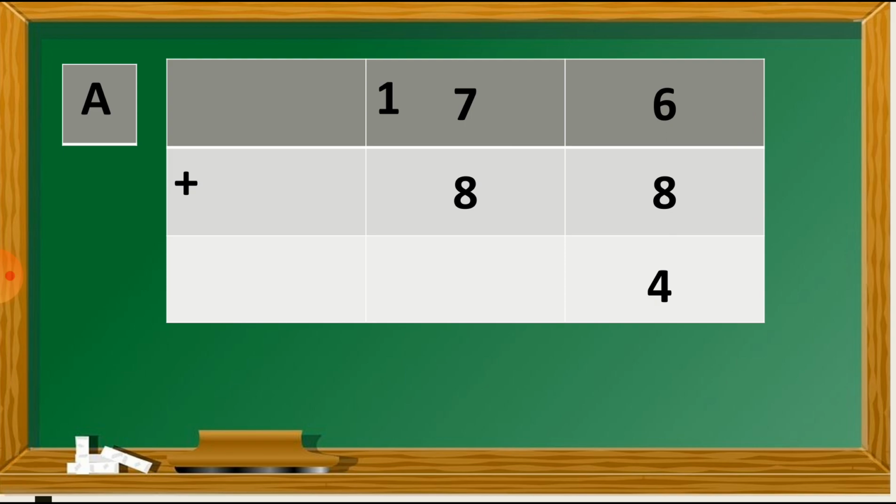Now let's add the tens column, which is 1 plus 7 plus 8. Together these three numbers we have to add at the tens column. So the answer will be 16. So from this 16 I have to write 6 under the tens column, and the other 1 will move to the hundreds column, and write the answer this way, 164. See students, this is your textbook exercise, so you have to write it into your fair book also.